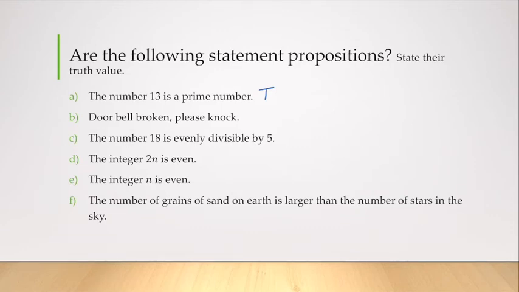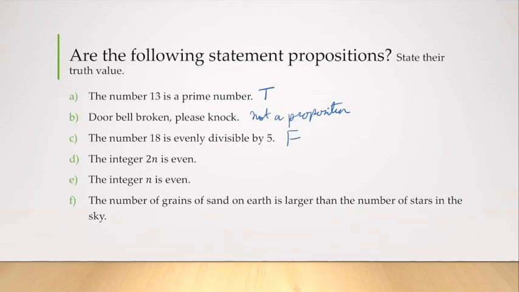Okay, that is not a proposition. C is the number 18 is evenly divisible by 5, right? Well, 18 is not evenly divisible by 5. I'd be left over with 3/5. That's not a nice number. So this has a false truth value.